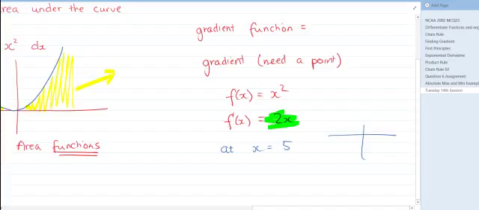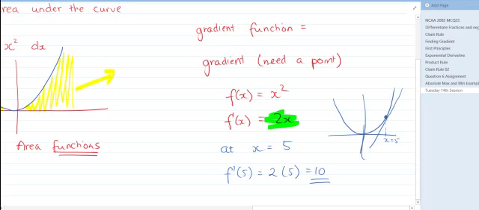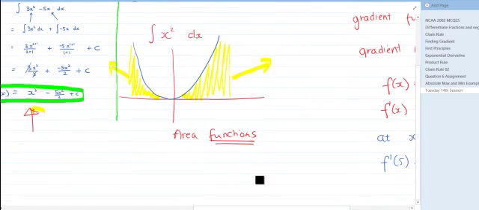So on this parabola, I want to know at x equals 5, what is the gradient of my tangent? Then you'd say, well, f dash at x equals 5 is equal to 2 times 5. So you can tell me the gradient is 10. You see the difference between function and gradient.